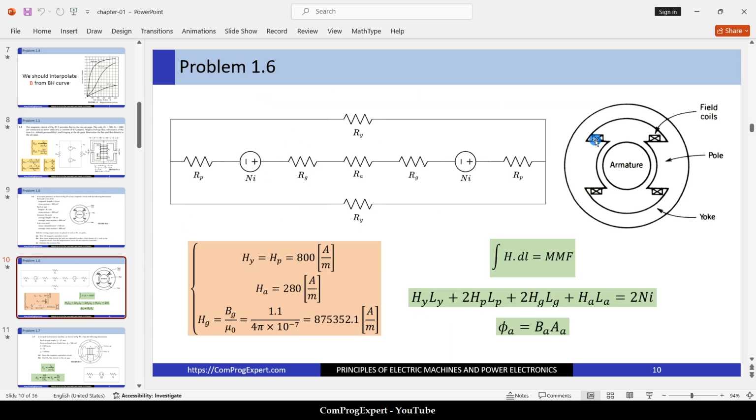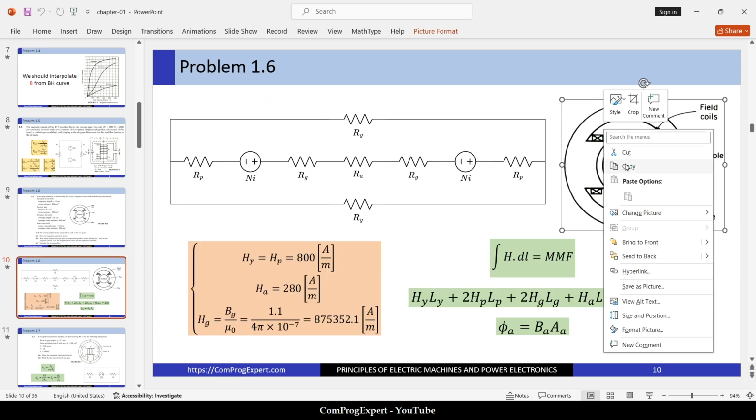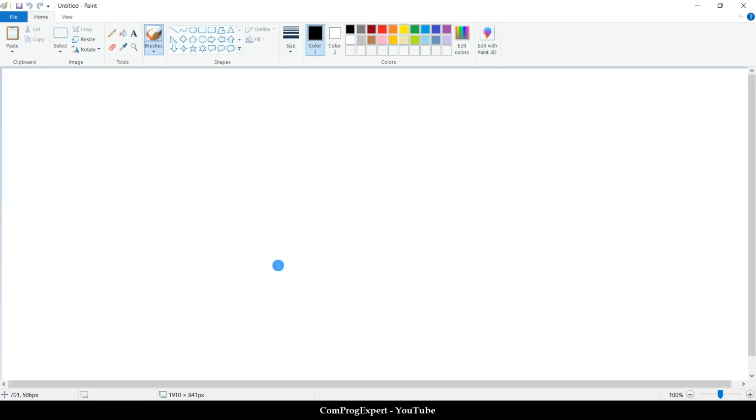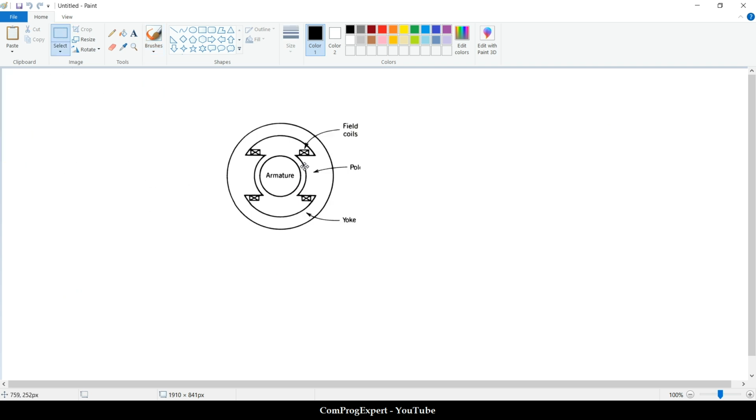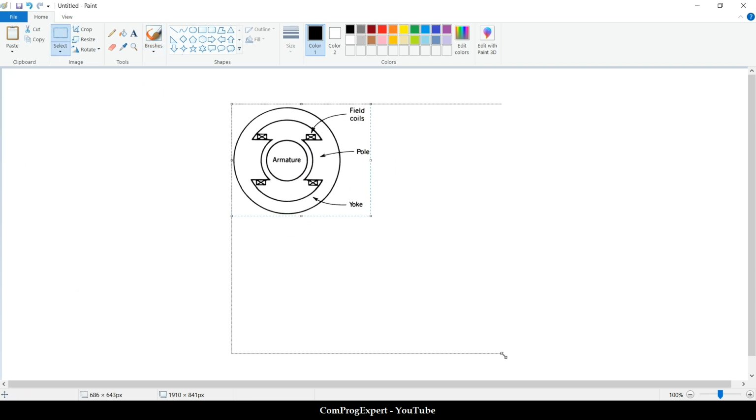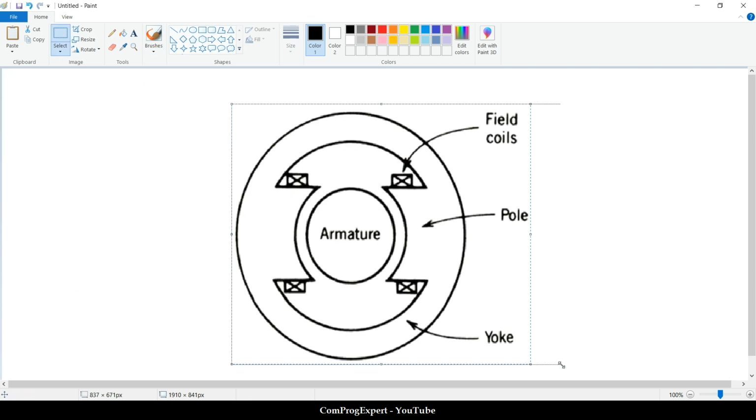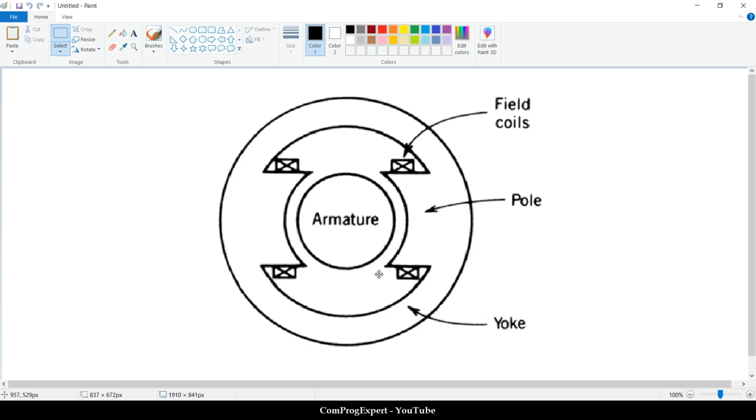So here, let me copy the image of the structure. Here is the structure of the magnetic circuit that we have. We have these two field coils, this pole and this yoke, the back iron of the stator, and this is the armature.